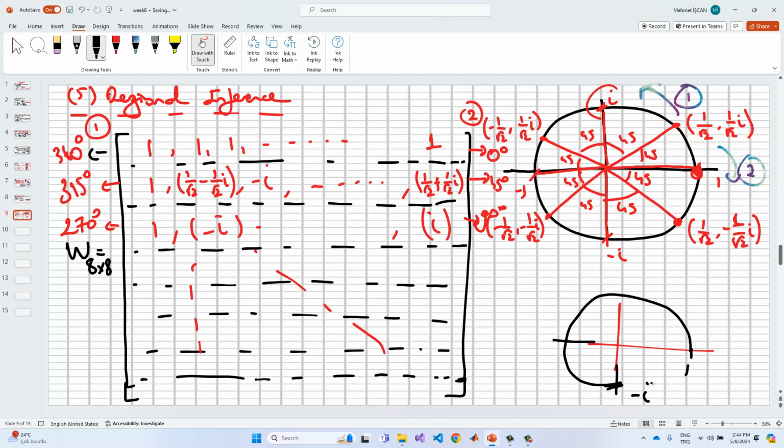Okay? Just get it. And after that, this is the 180 and this is the 1. What's the value of this term? Minus 1, right? This is the graphical representation of these terms, okay?